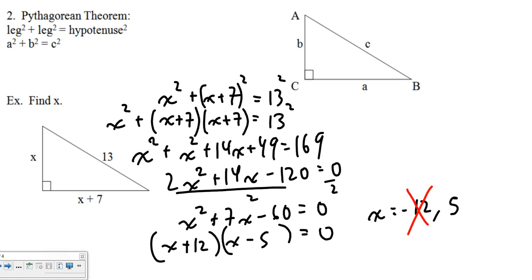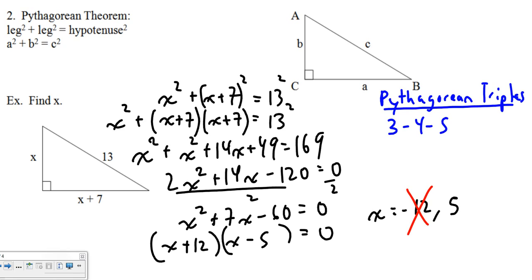For example, one thing that you should memorize are the Pythagorean triples. Pythagorean triples are sets of numbers that, when substituted in, complete the Pythagorean theorem. One Pythagorean triple is a 3, 4, 5 triangle.